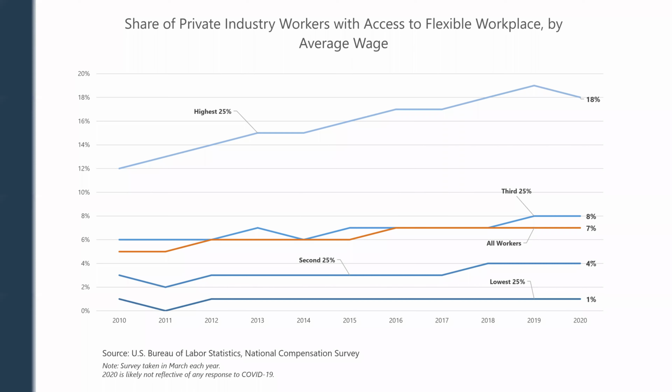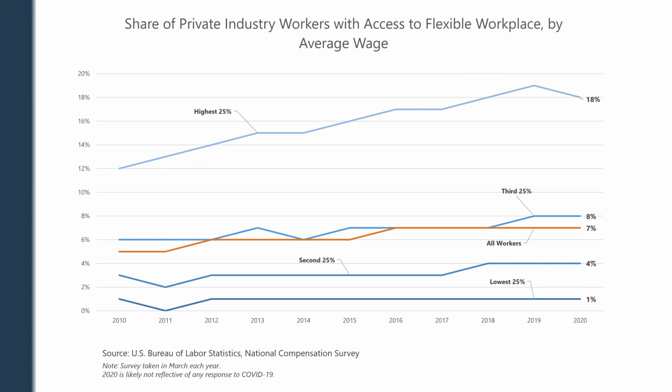And we broke this one out because, as they mentioned in the Pew article, it was kind of more available to the affluent. If we look at this across the board, all workers in orange there, we're showing about 7% had that benefit. And that really hadn't changed a whole lot. That one goes all the way back to 2010. This survey is taken in March, so the 2020 numbers are probably still representative of pre-pandemic.